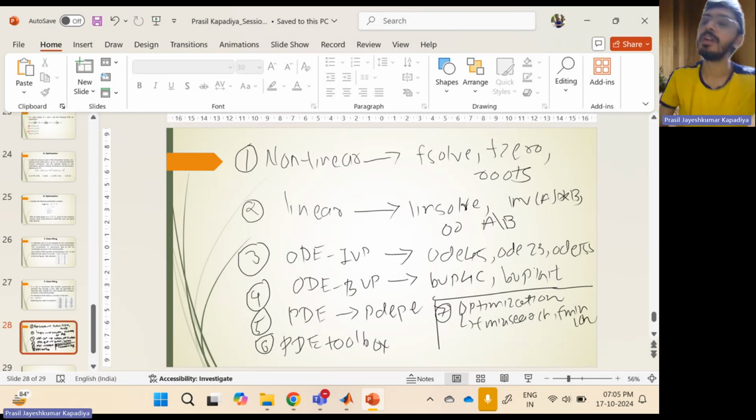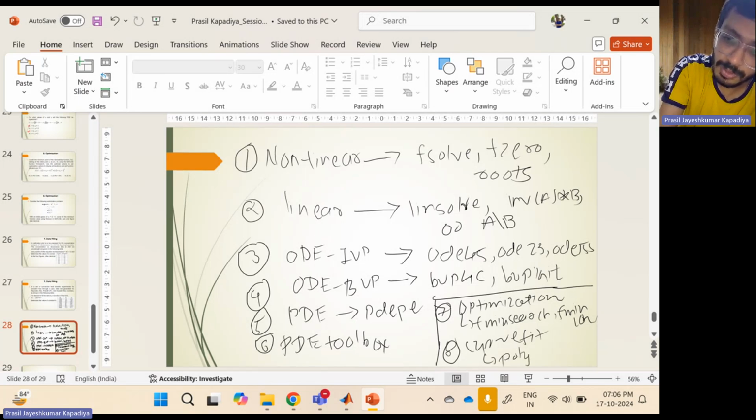Fmincon is basically for constrained optimization. Further down, we looked at curve fitting. So when we are willing to fit a polynomial, then we can directly use polyfit MATLAB function. Or if it is some nonlinear equation, then I can use lsqcurvefit.